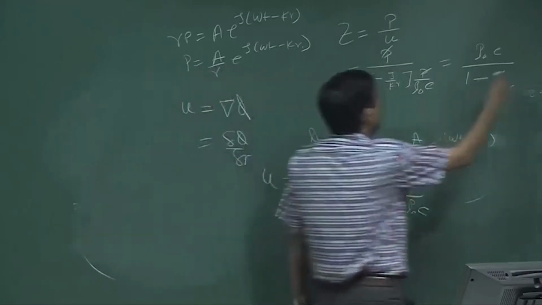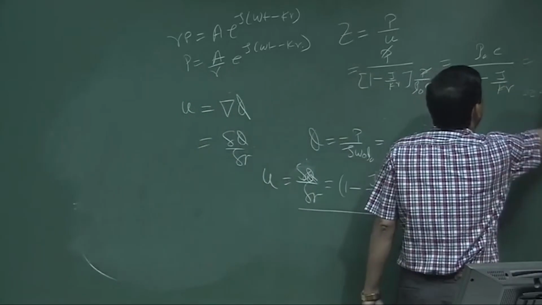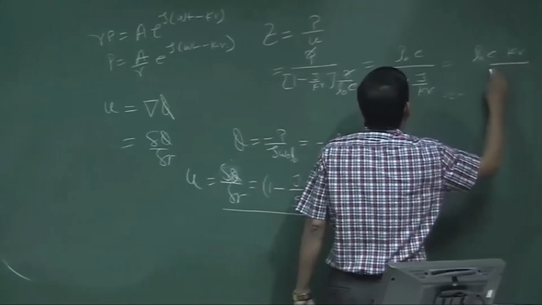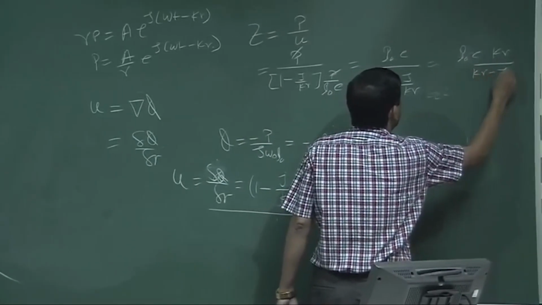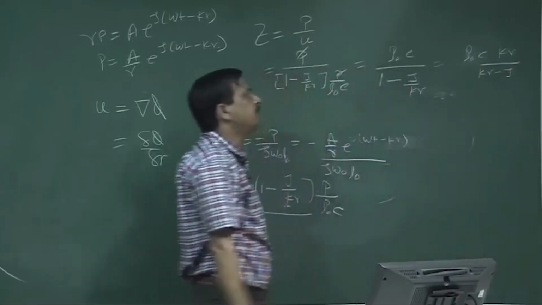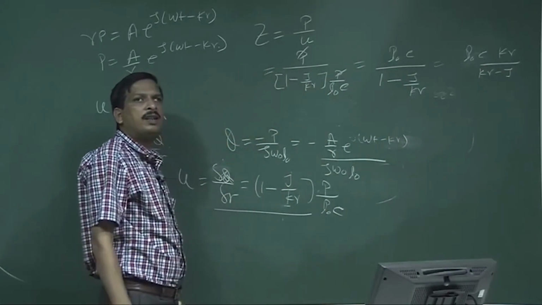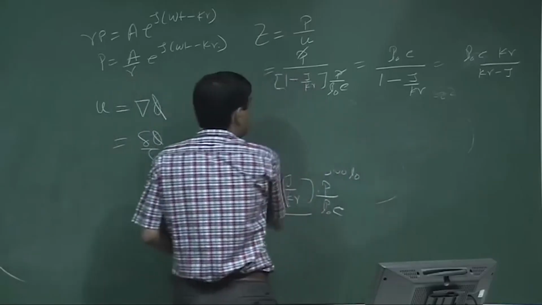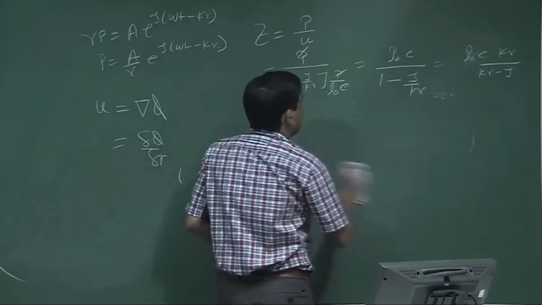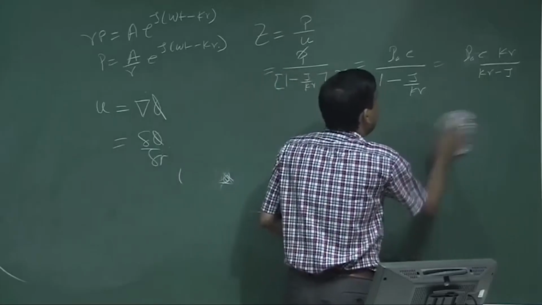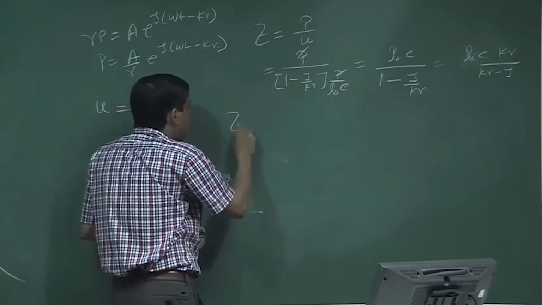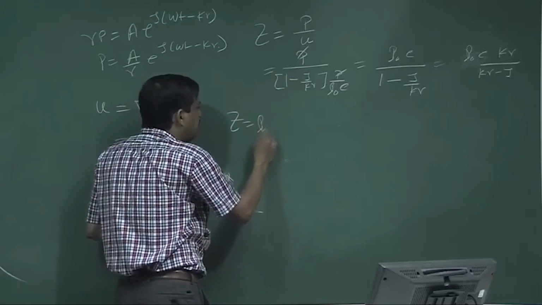I can write it as rho 0 c into k r by k r minus j. So in case of a linear wave, Z is nothing but rho 0 c.